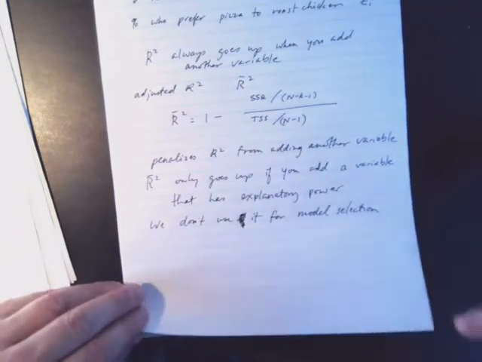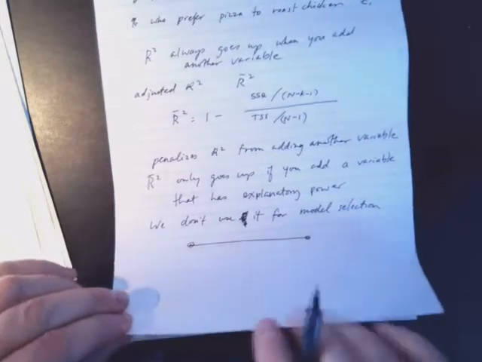All right, next let's talk about omitted variable bias, which we've talked about once before.